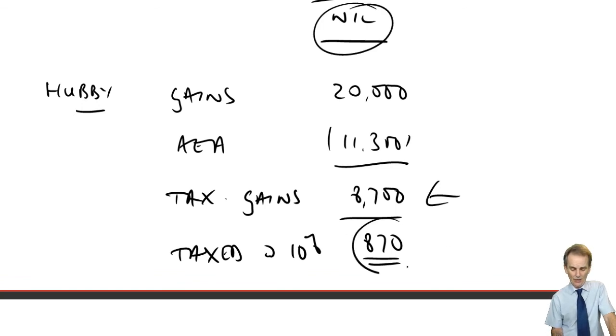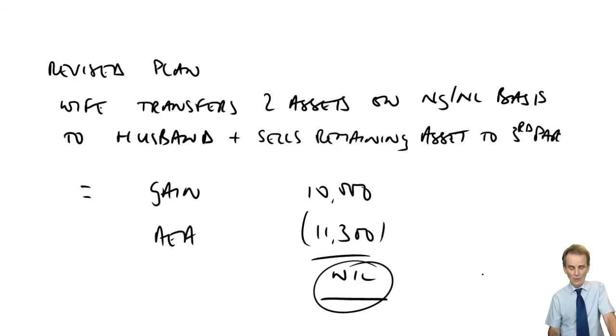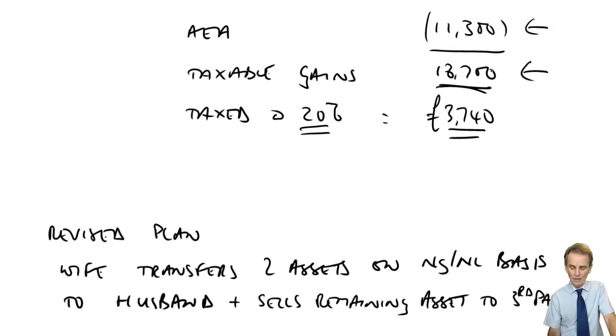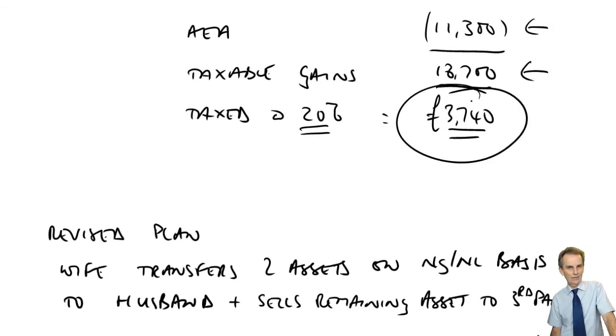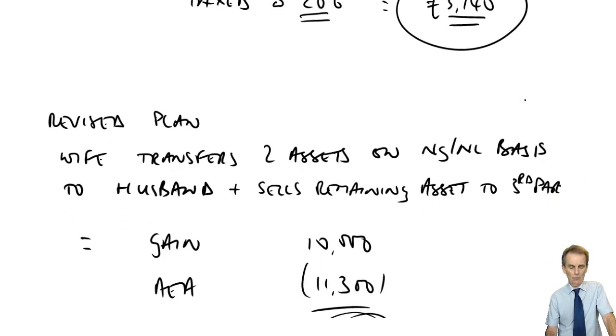He pays tax of £870. A total liability of £870, which compares, I'm sure you would agree, rather favourably to the original plan that they had, that she would sell all assets to third parties and make gains and then pay tax of £3,740.